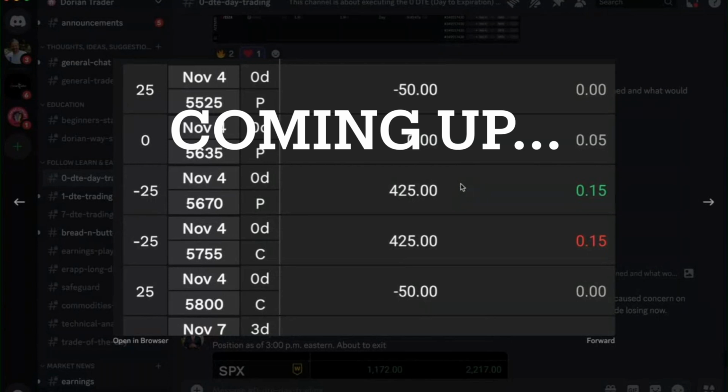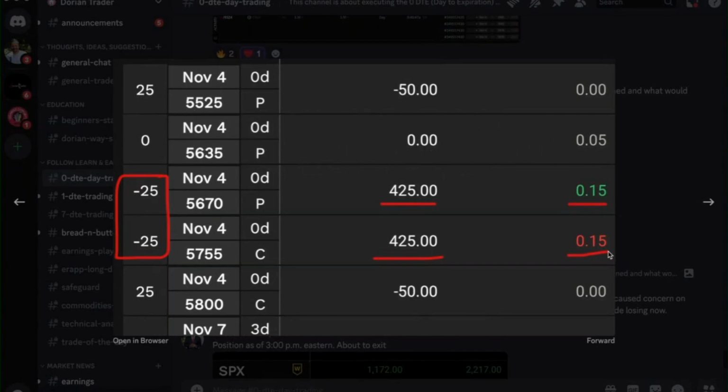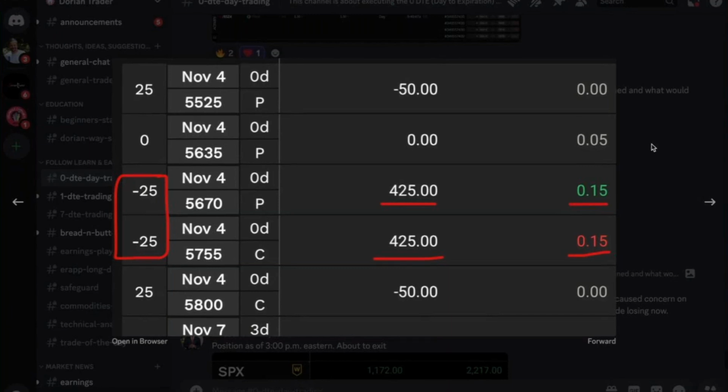And so what you see, the minus 25, those are the short positions there, and the 425 and the 425, that's how much extrinsic is still left to get in the trade. And you see that it's evenly matched. And then if you go right next to it, that's the current bid or whatever for the positions, they're both 15 cents. So, my question would be like, hey, what would you do right now?